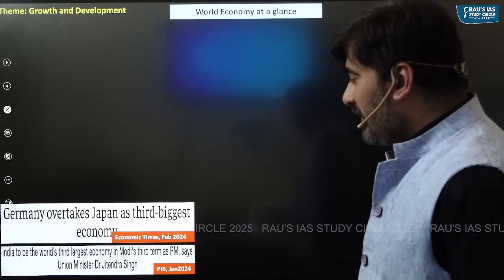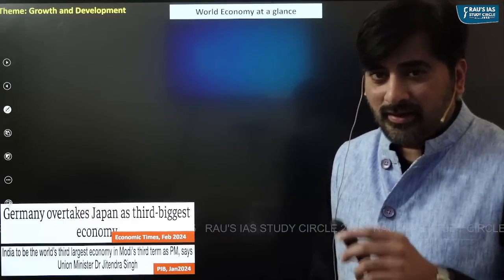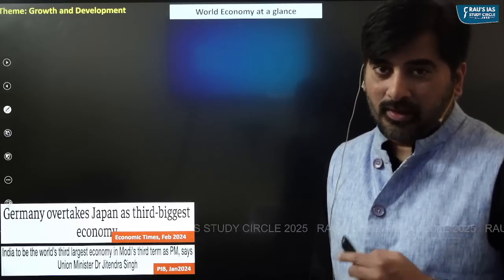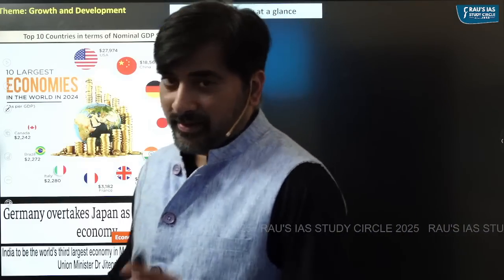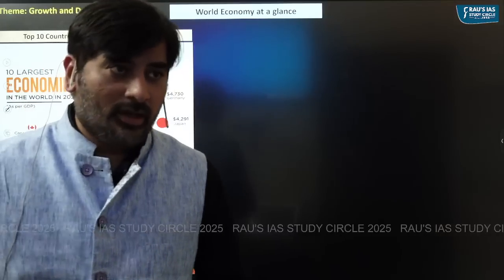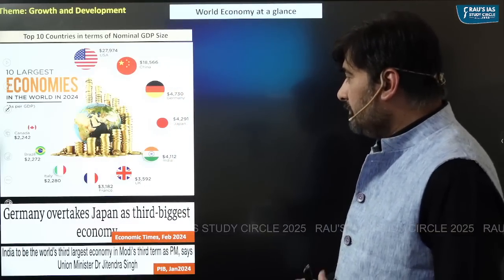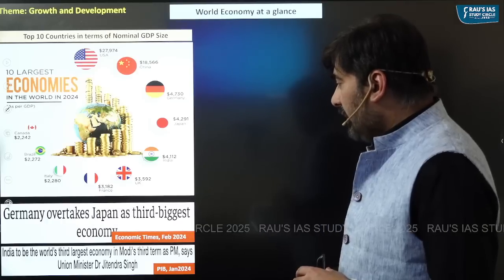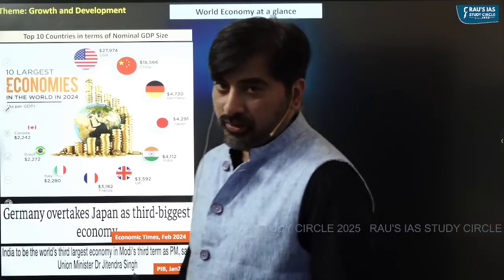Apart from that, another development is India may become the world's third largest economy by 2030. So presently, if you rank the countries in their GDP size, nominal GDP, US is the world's largest economy with a GDP size of $27 trillion, followed by China, Germany, Japan, and India. India is presently placed at 5th position.